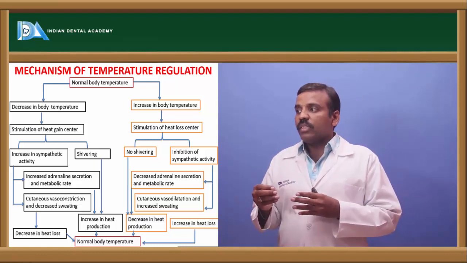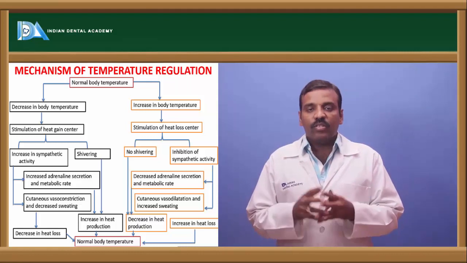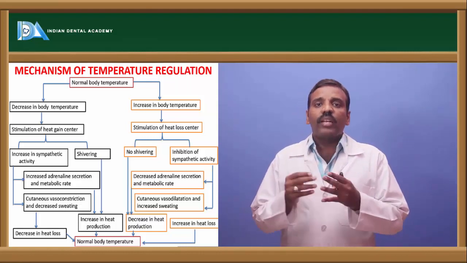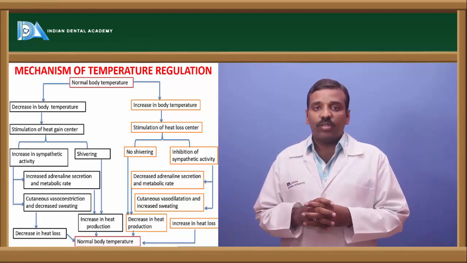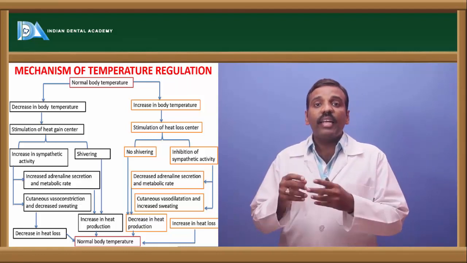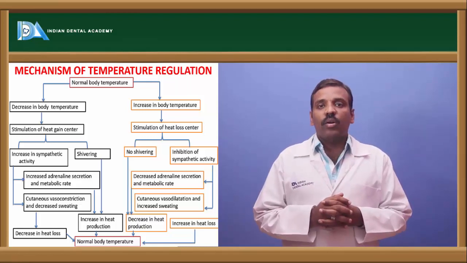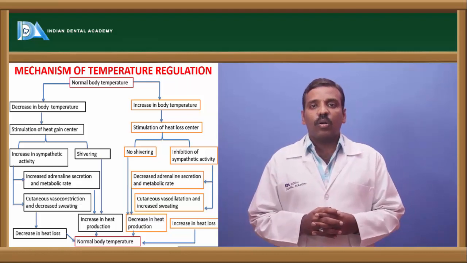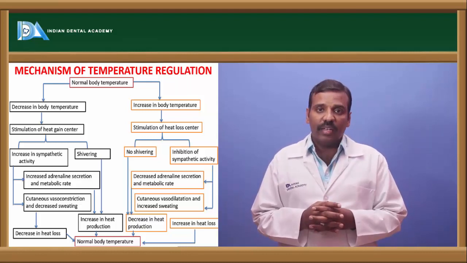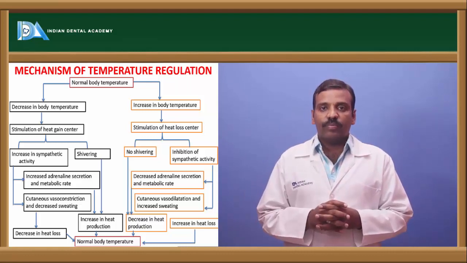By that, there is cutaneous vasoconstriction and decreased sweating, with increased heat production and decreased heat loss. Because of all these conditions, the body comes to the normal body temperature. Again it maintains when the body temperature is decreased.